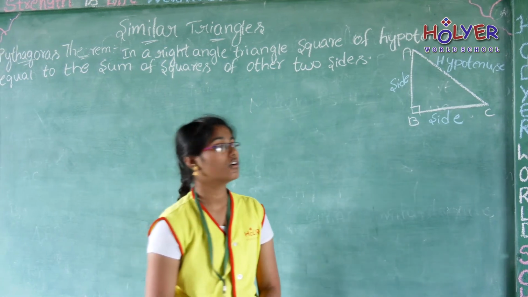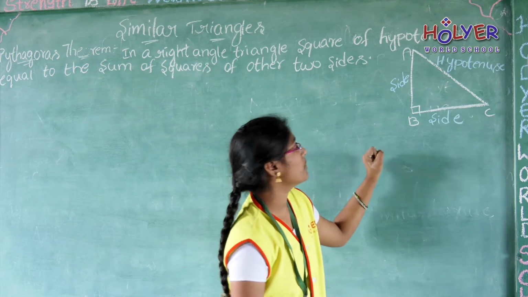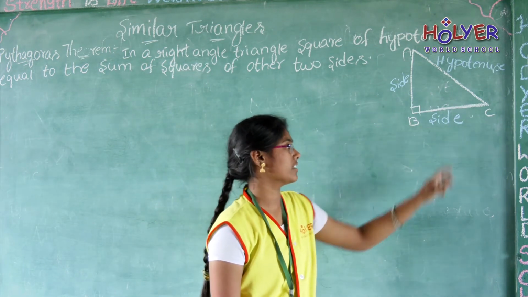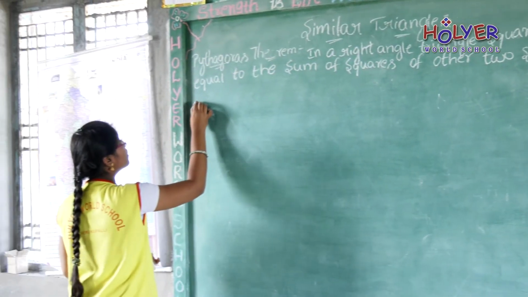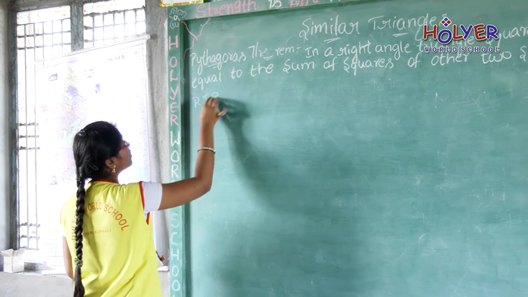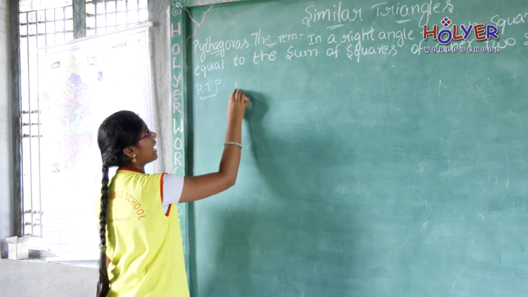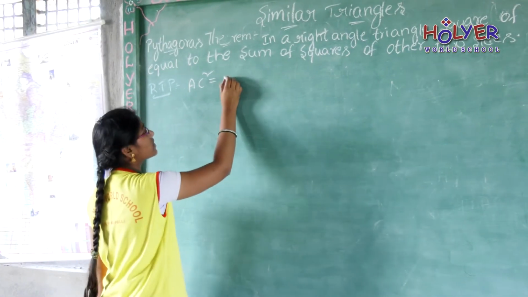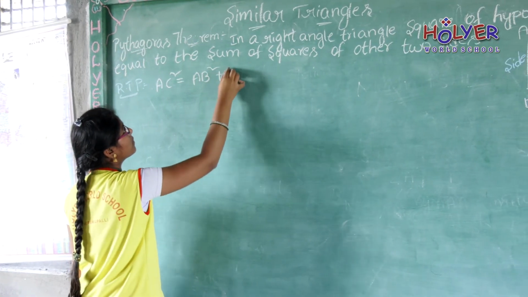We want to prove that the square of the hypotenuse, that means AC square, is equal to the sum of squares of the other two sides, AB square plus BC square.